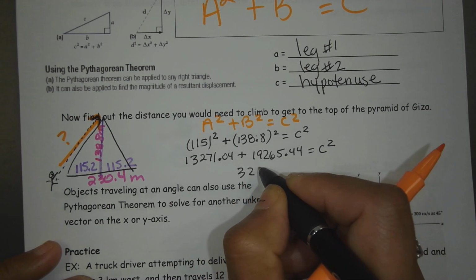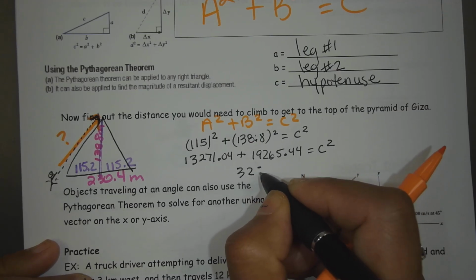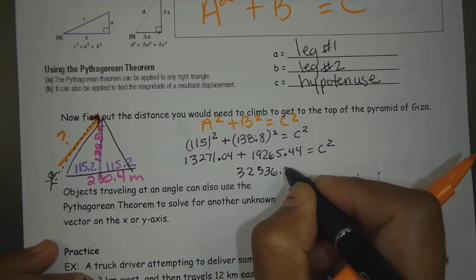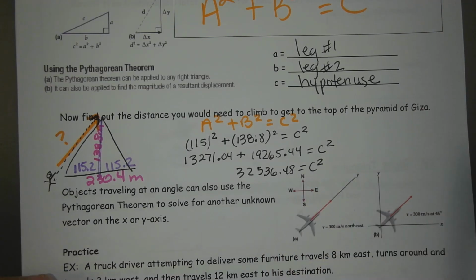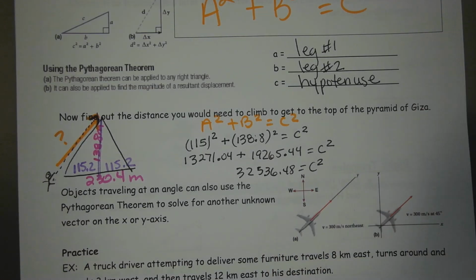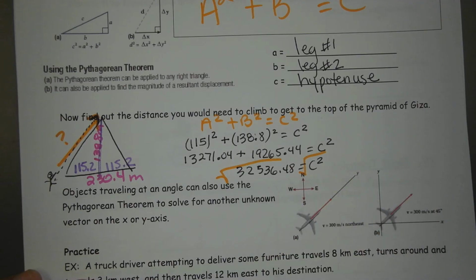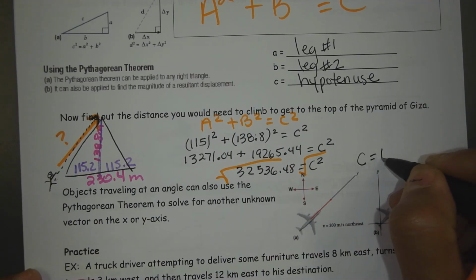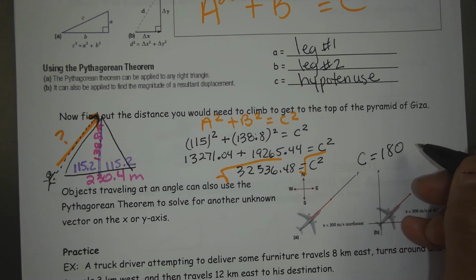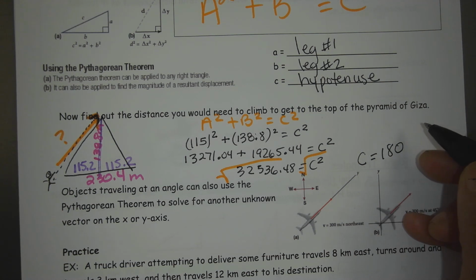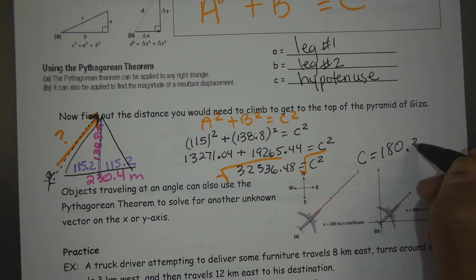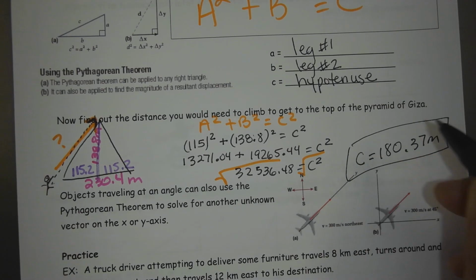But I get 32536.48 equals c squared, which is not going to cut it because I definitely need the square root of it. So when I square root it, because I need c by itself, c comes out to 180.37 meters, and you know that the hypotenuse is always the longest side.